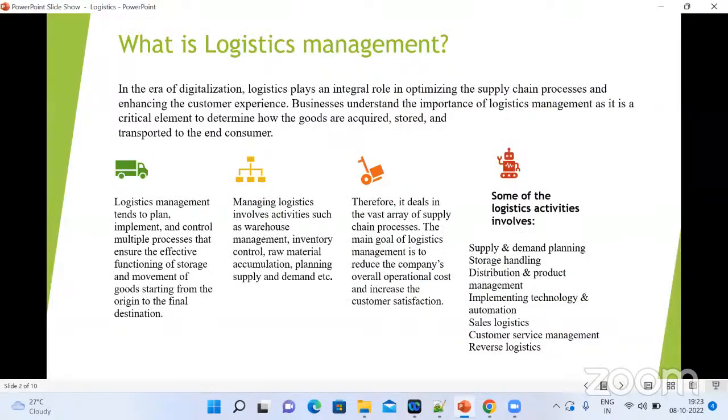Let me see what exactly logistics management is. During this digitalization, logistics plays an integral role in the supply chain industry, from the order being manufactured until it reaches the end customer.